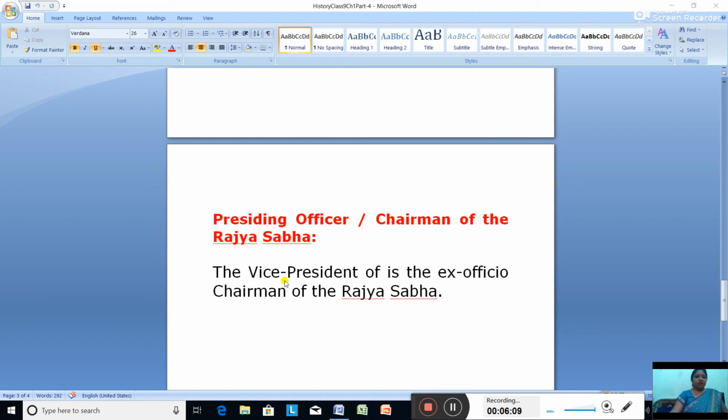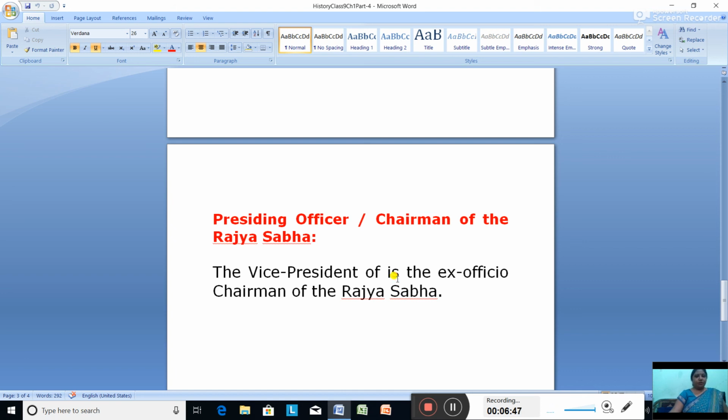The Vice President of India is the ex officio chairman of the Rajya Sabha, and he acts as the presiding officer of the Rajya Sabha. The Rajya Sabha also elects its deputy chairman from amongst its members.